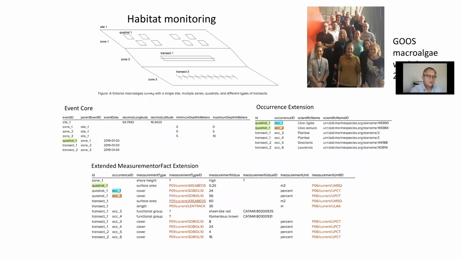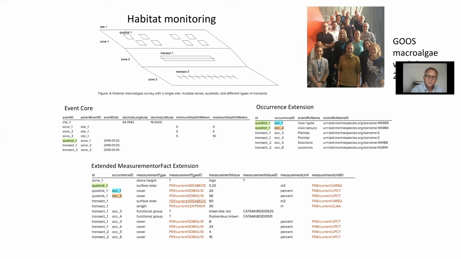So the next step to support these essential ocean variables is that we have to agree on data formats. So how do we implement this with the event core, occurrence extension, and the extended measurement or fact extension? We are developing these examples. In this case, we had a workshop on microalgae, and this is a very specific type of data because this is habitat data that you cannot always resolve to a taxonomic name.